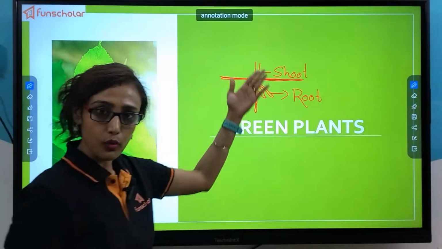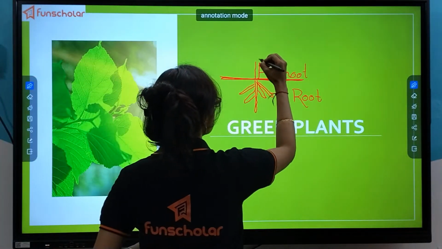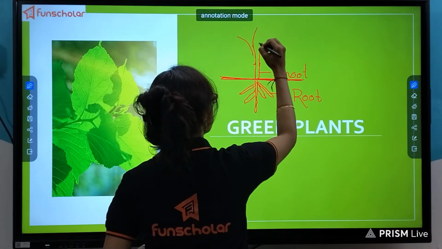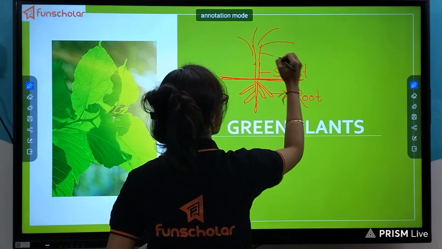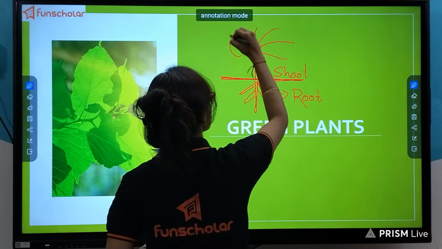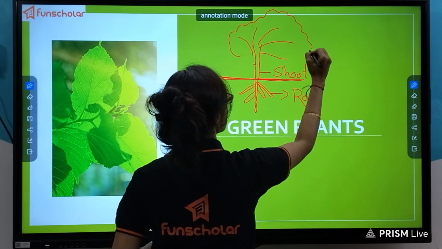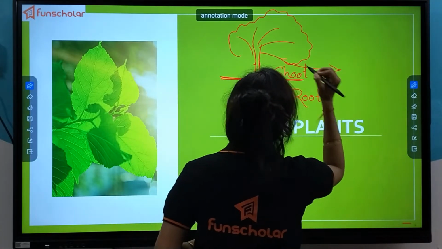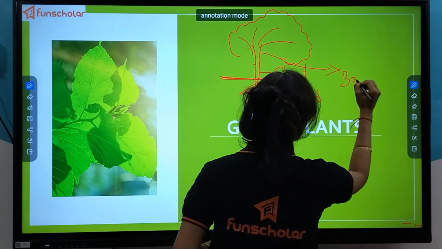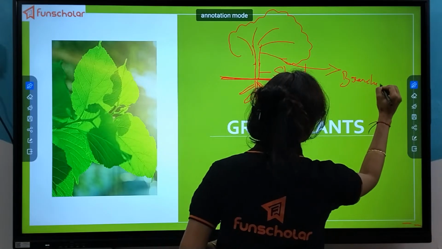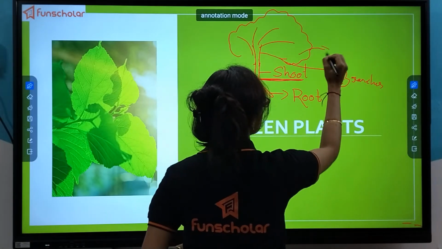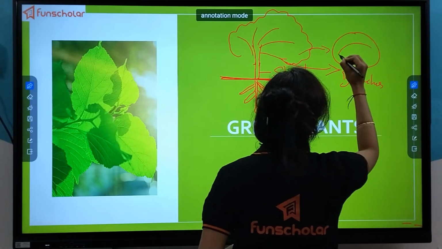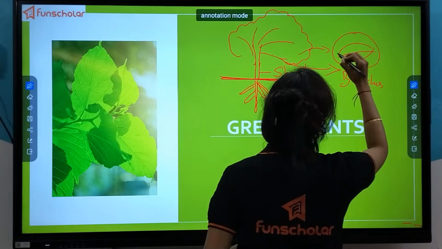When the plant grows slowly and steadily, it shows many branches. Okay, these are the branches. This, if we zoom it out, then it is a leaf.